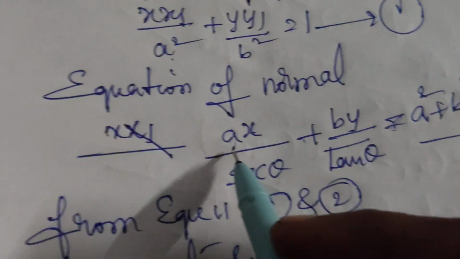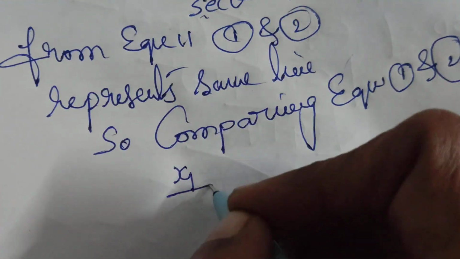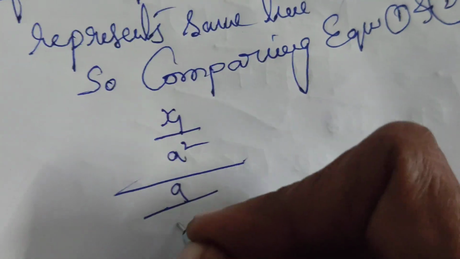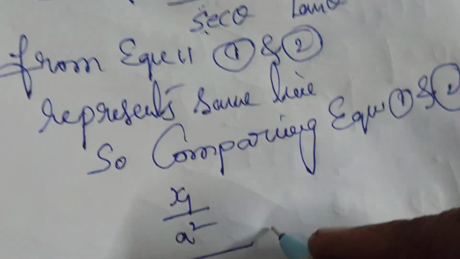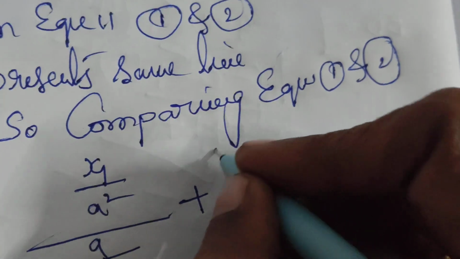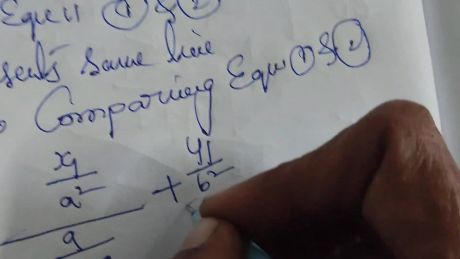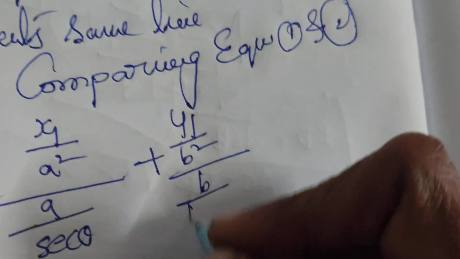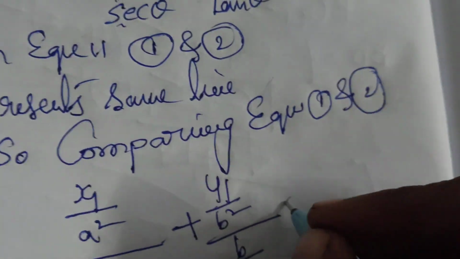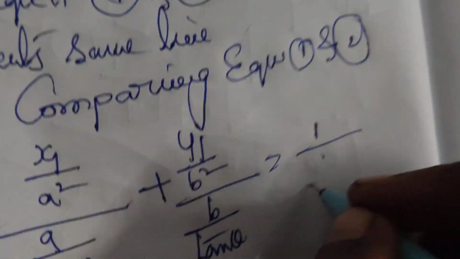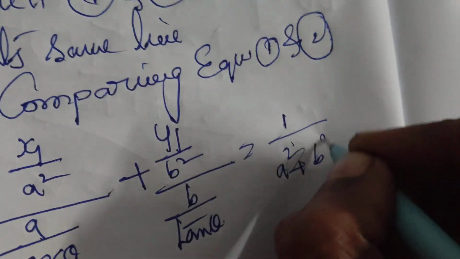Here in equation 1 the y coefficient is y1 by b square, and in equation 2 the y coefficient is b by tan theta. So x1 by a square by a by secant theta equals y1 by b square by b by tan theta equals 1 by a square plus b square.